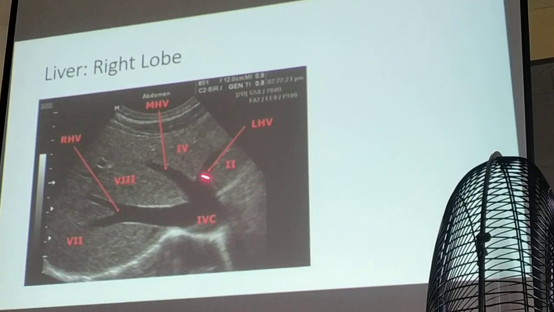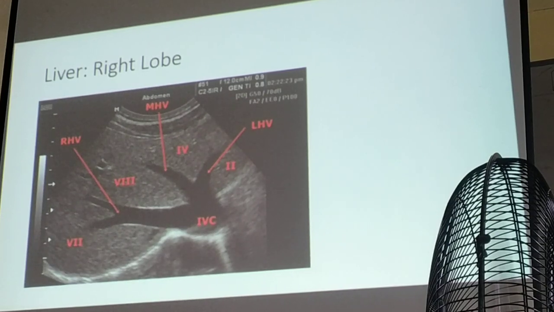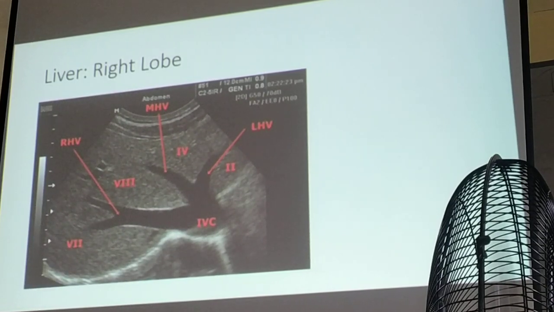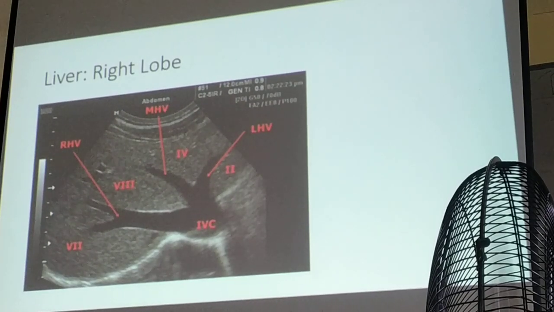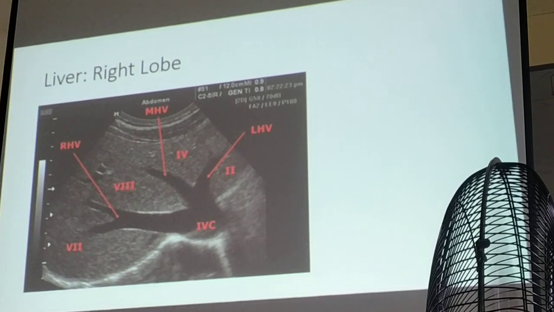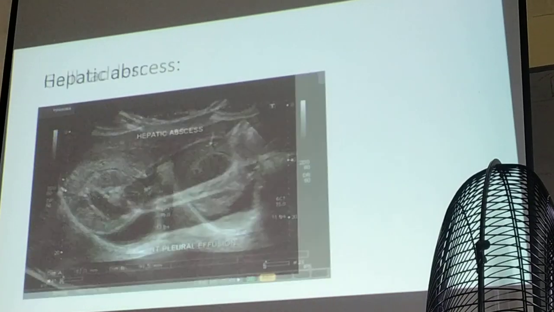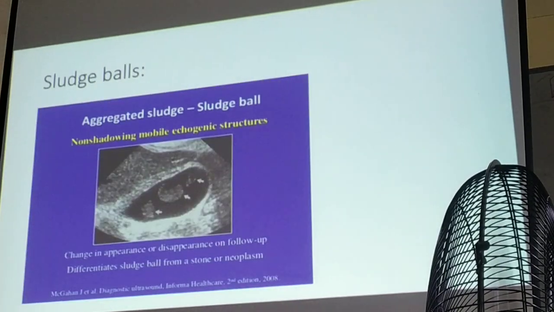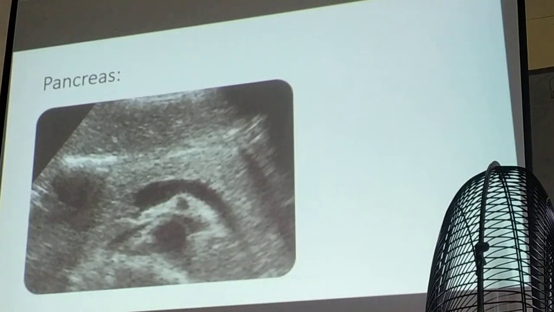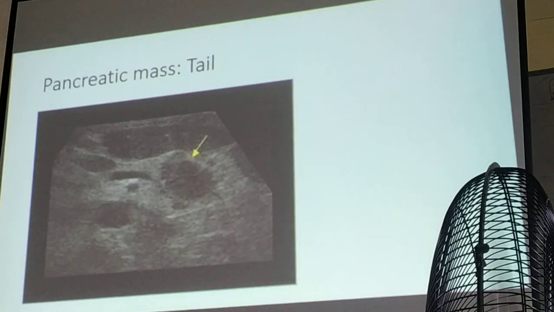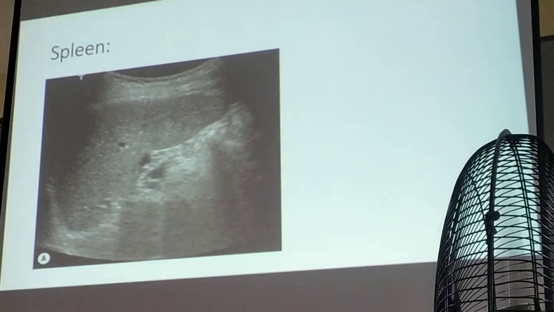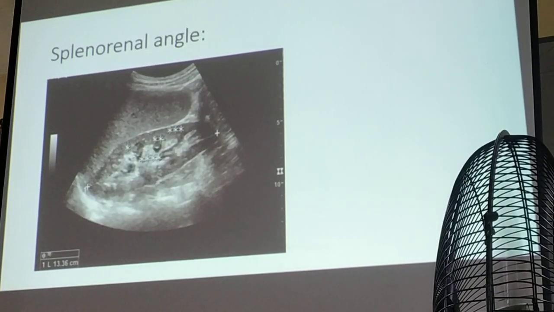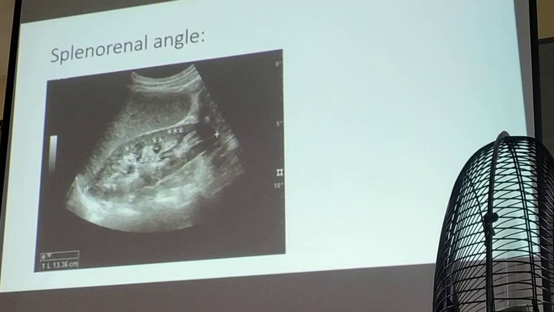These are your intrahepatic ducts. Okay? On the screen, there would be no venules or ducts that would be seen. There you are. No intrahepatic ducts. That's the splenorenal angle.